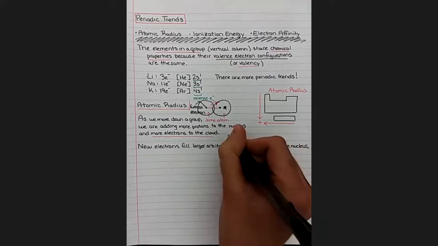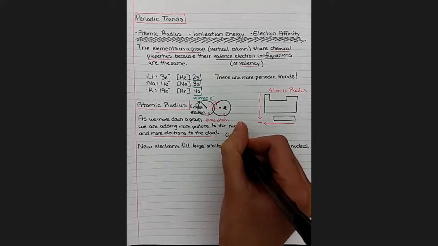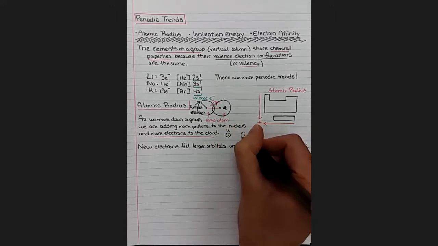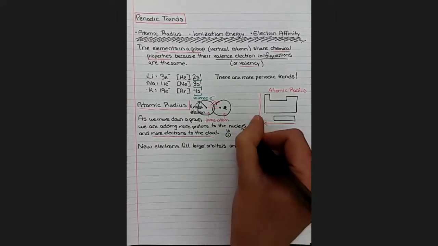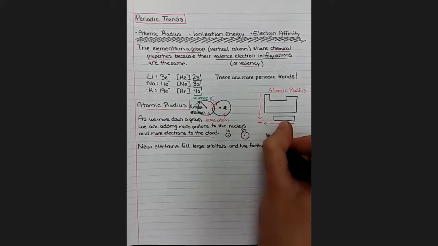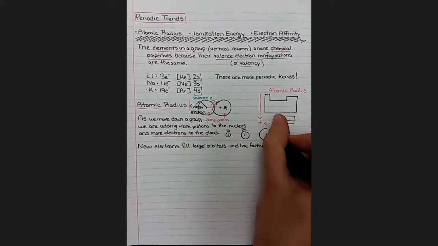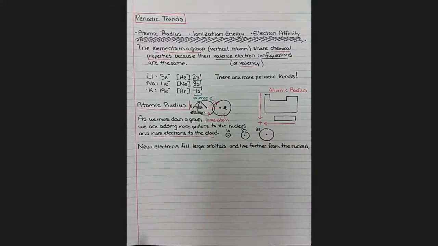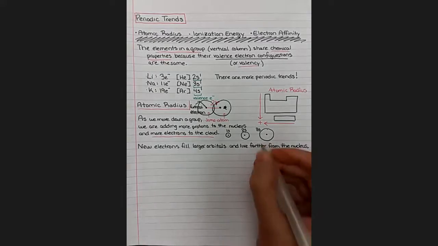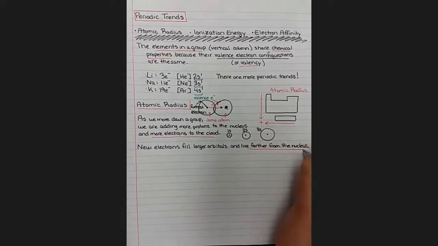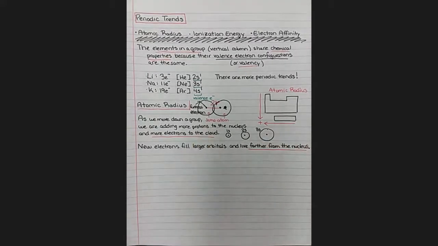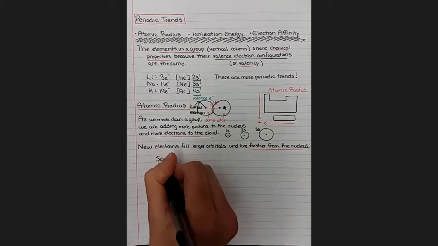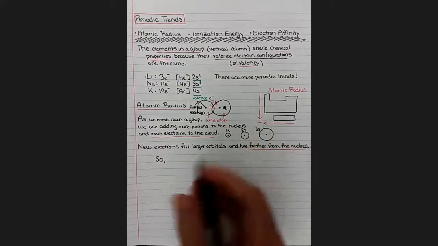So we might have the 1s orbital, where the electrons live pretty close to the nucleus. And then as we move to the 2s orbital, the electrons are a little bit farther from the nucleus. And once we start filling the 3s orbital, those electrons are significantly farther away from the nucleus than those earlier ones. And being farther away from the nucleus means that the radius is going to be larger. So that tells us about our vertical trend.